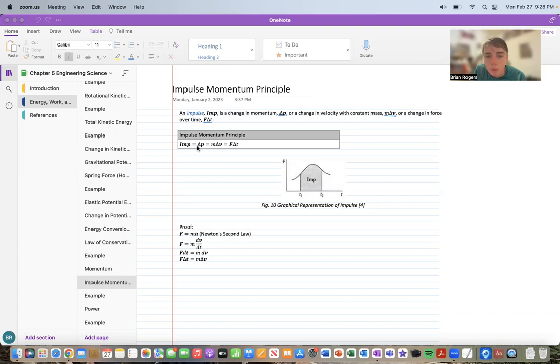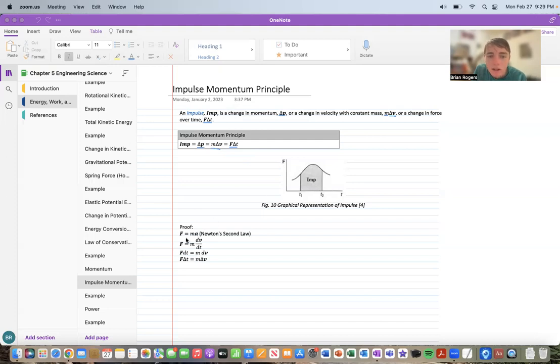And so from the impulse momentum principle here, we're able to see that an impulse is a change in momentum, which is equivalent to writing the mass times the change in the velocity, which is equivalent to the force times the change in time. So as we can see here, the impulse is calculated as the change in time, which we see from T1 to T2, multiplied by the force.